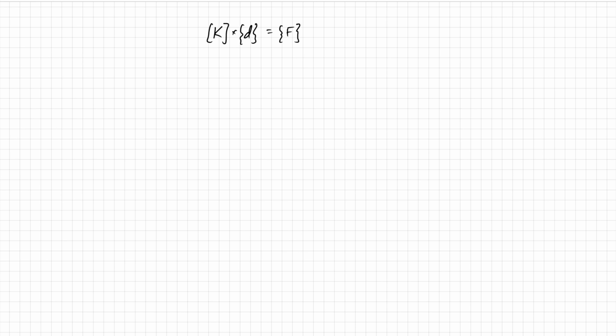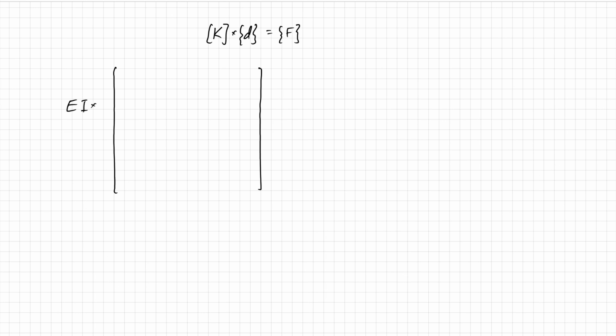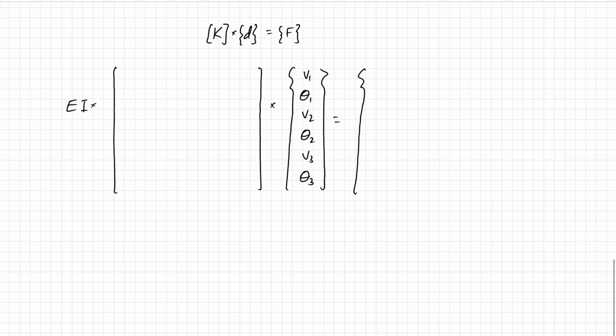So if I draw that out, I have in my case EI times the full matrix times the displacement vector, so V1, theta 1, V2, theta 2, V3, theta 3, and that equals the force vector, okay, so F1, F2, M2, F3, M3.